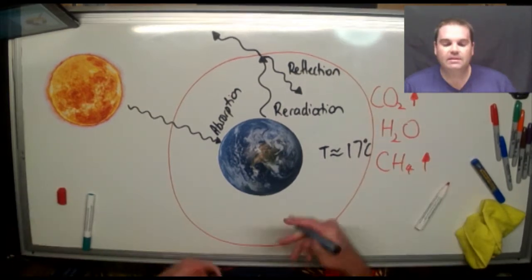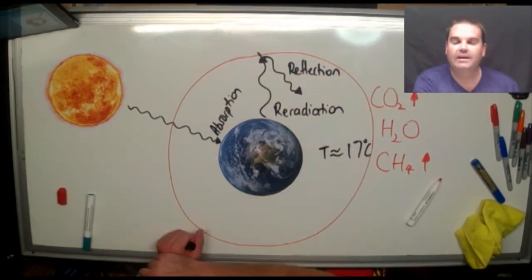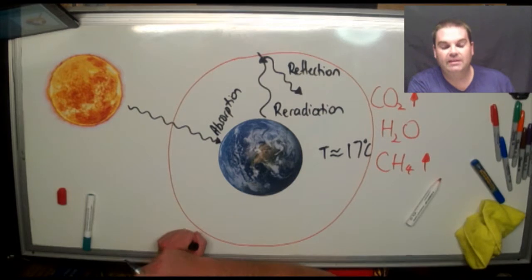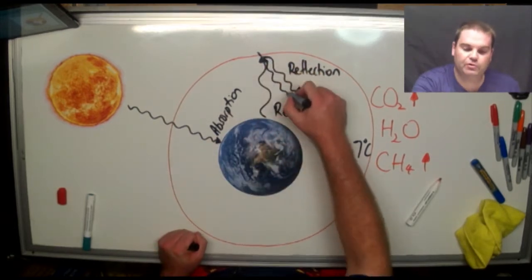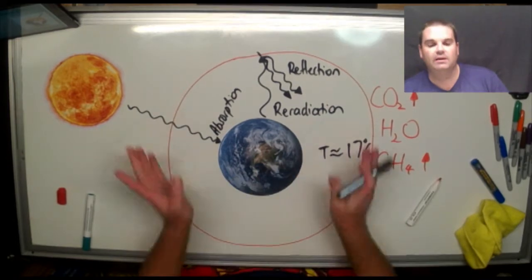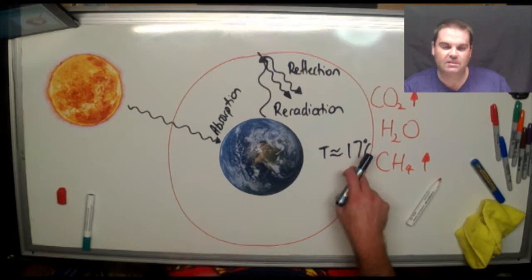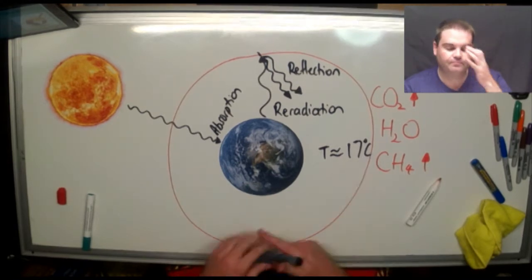So what that means is that we are actually getting less of this long wavelength radiation emitted back into the atmosphere, and more of it trapped by the greenhouse gases and reflected back into this protective blanket around the Earth. What that means is that's increasing the mean global temperature.